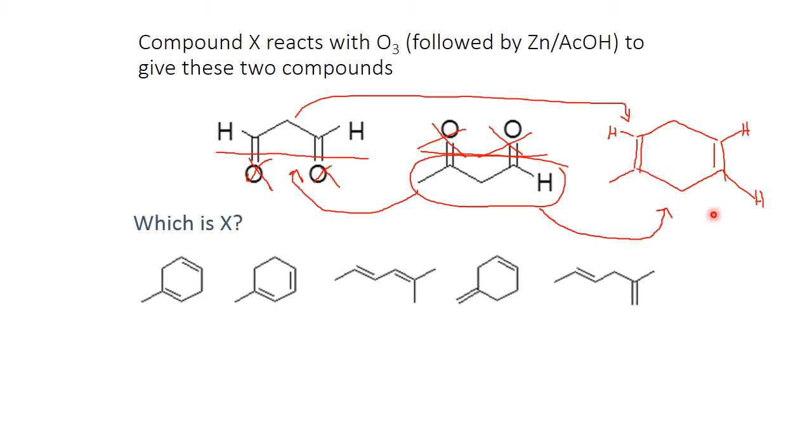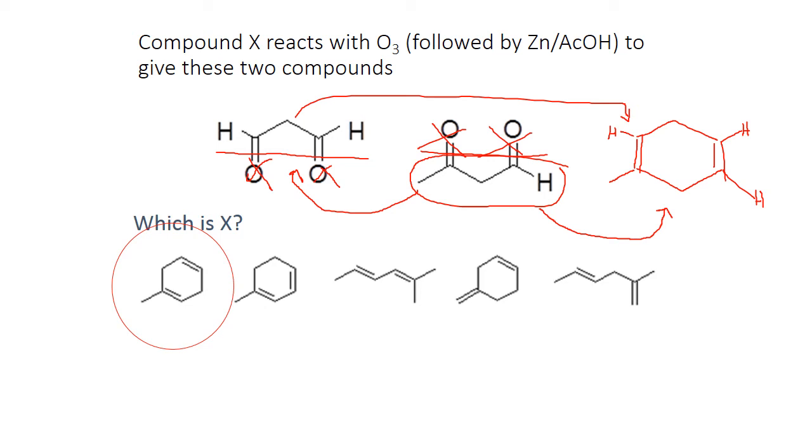So it's 1,4-cyclohexadiene with a methyl on the number 2 carbon. So I look over here and I see none of these fit. Of these two, only this is 1,4. So this is the correct compound, and that is my correct answer.